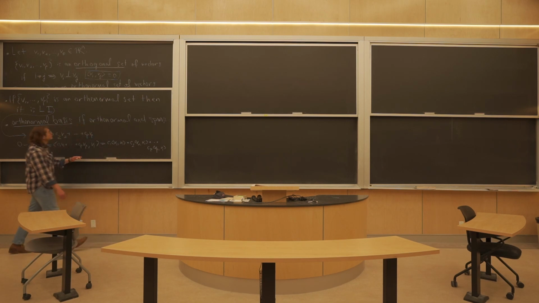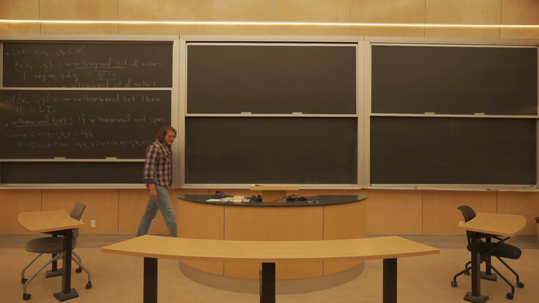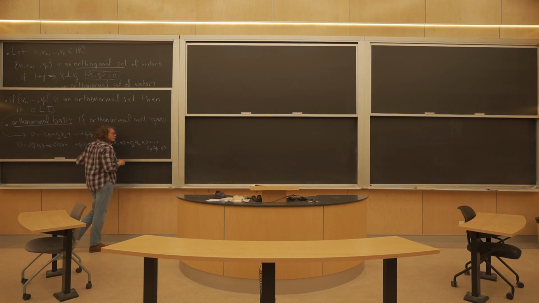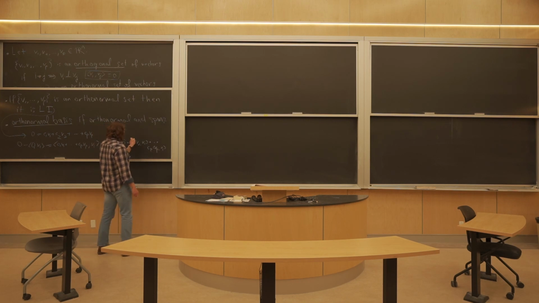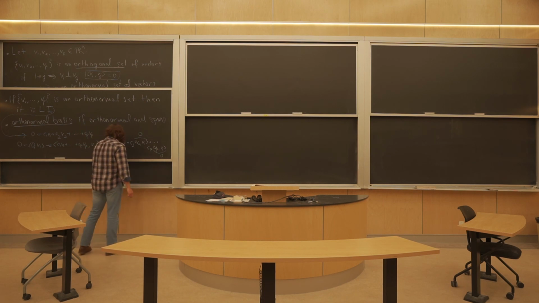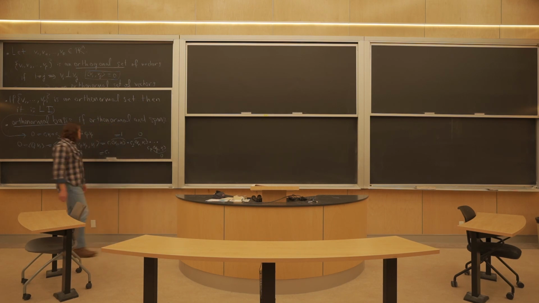And because we assume that this set is orthonormal, this is just 1. And any other inner product is going to be 0, because I assume that distinct vectors are perpendicular to each other. So that means that this is 1, and this is 0, and all the others are 0. That is to say, ultimately this expression here is nothing but C1. That is to say, C1 has to be 0.